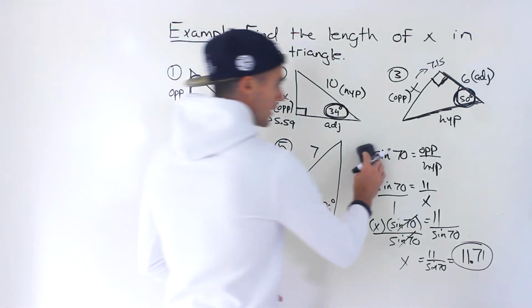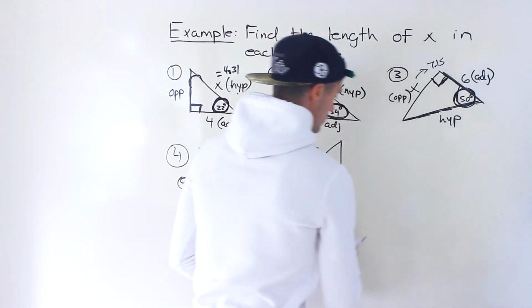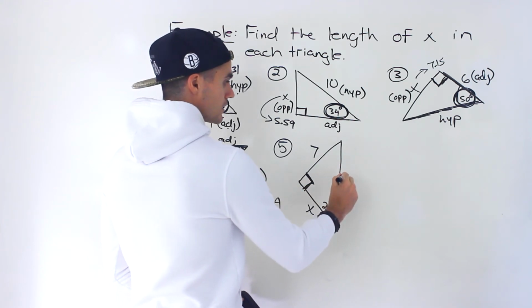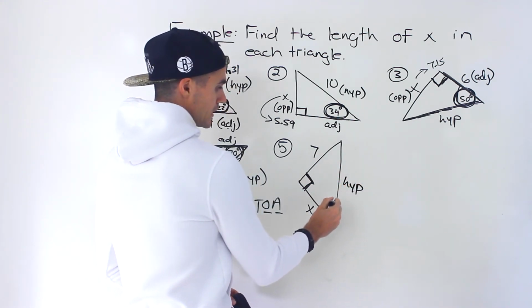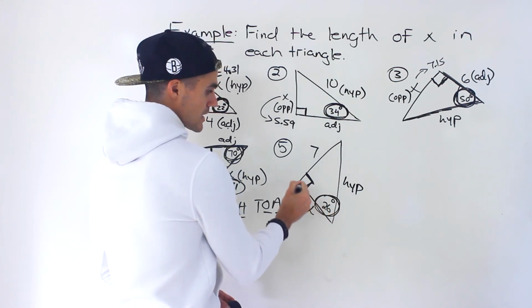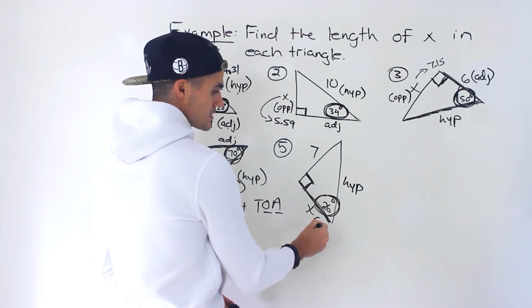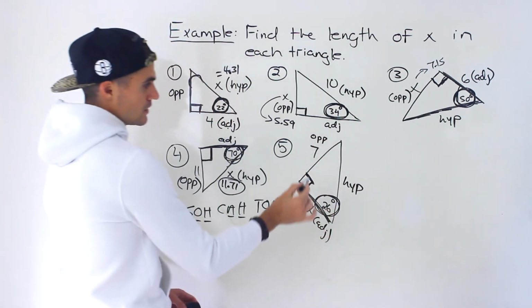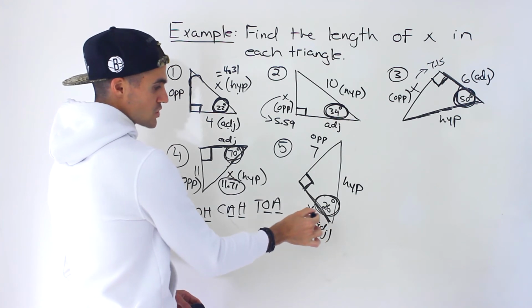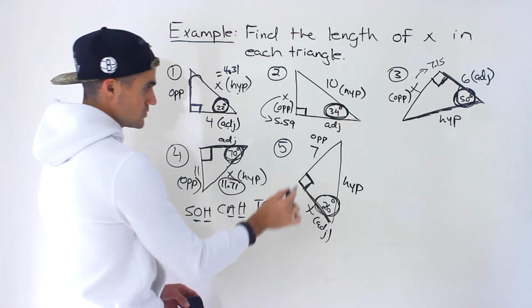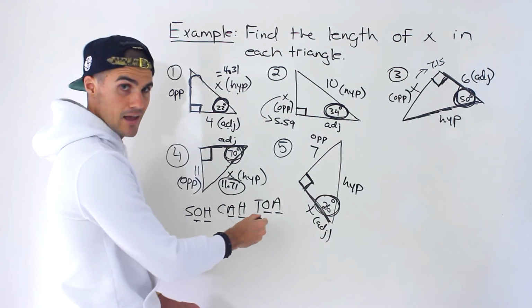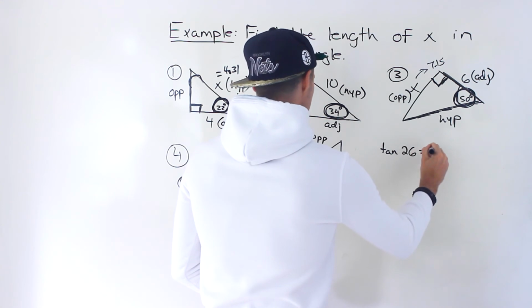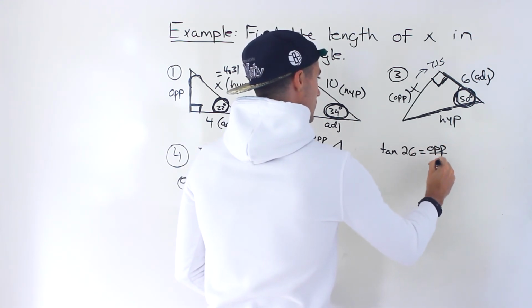Okay, and then finally we've got number 5, the fifth triangle. Again, 90 degrees, the opposite side is the hypotenuse. If we're looking at this side as the reference, what's the other side that's attached to it? This side, so that's the adjacent, meaning that this is the opposite right there. So notice that we're given the opposite side and we're solving for the adjacent side. Which ratio deals with the opposite and the adjacent? Tan of 26 is equal to the opposite over adjacent. That's what the tan ratio is always going to be.